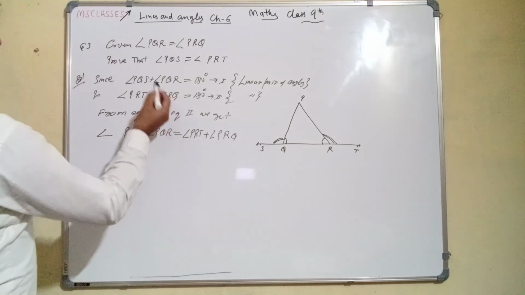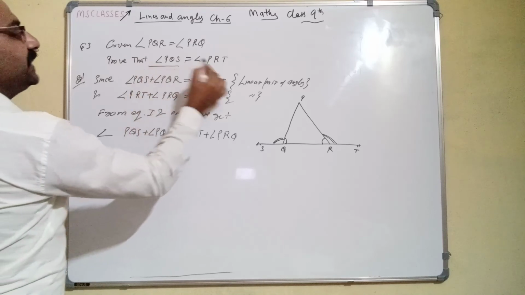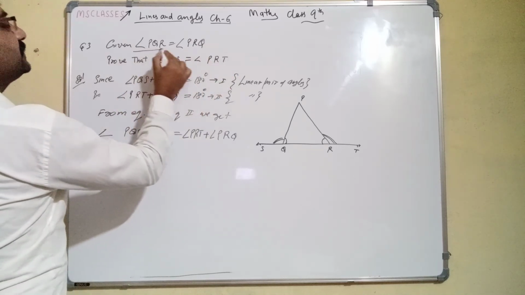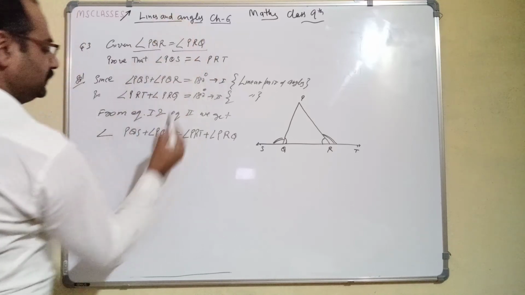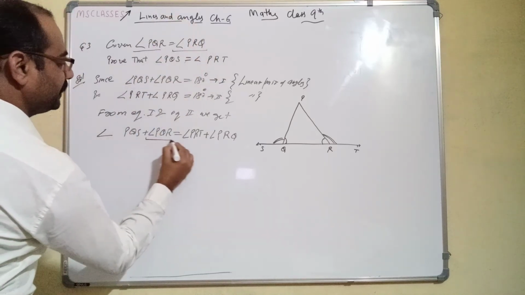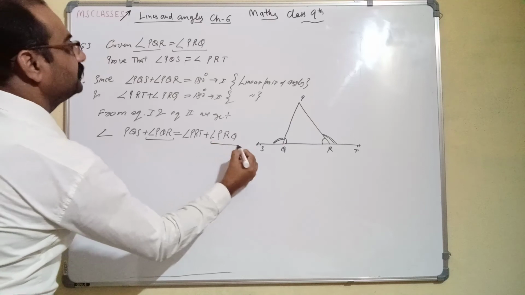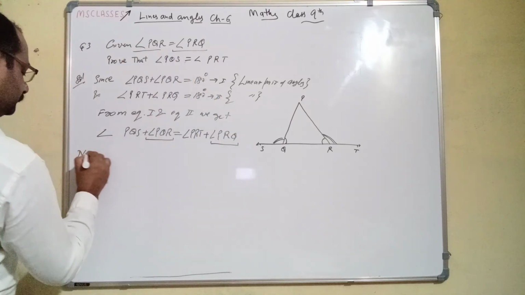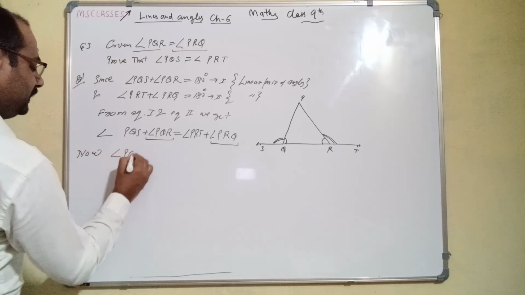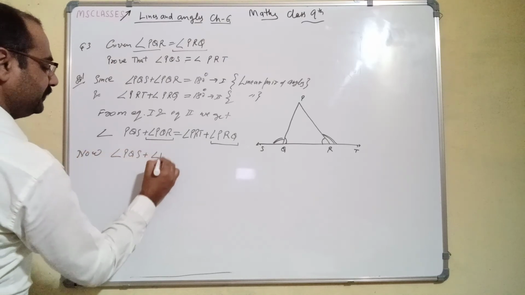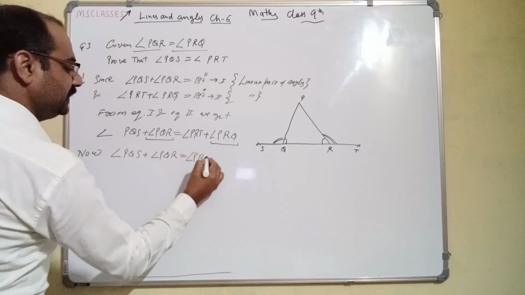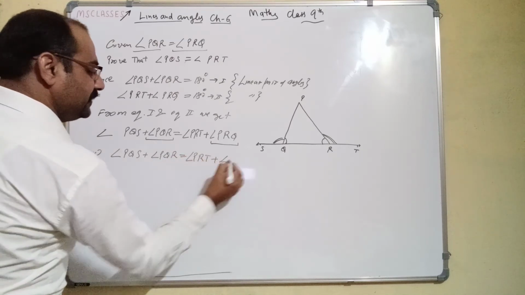Now, because PQR is equal to PRQ, this is PQR, this is PRQ. Both are equal. Now angle PQS plus angle PQR is equal to angle PRT plus angle PQR.